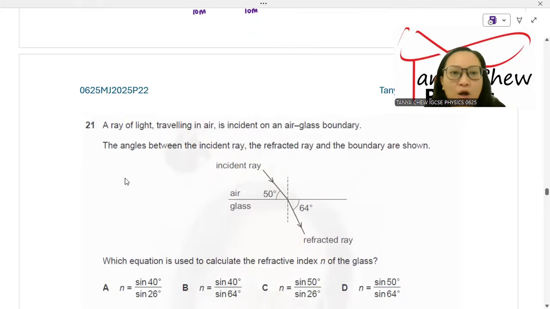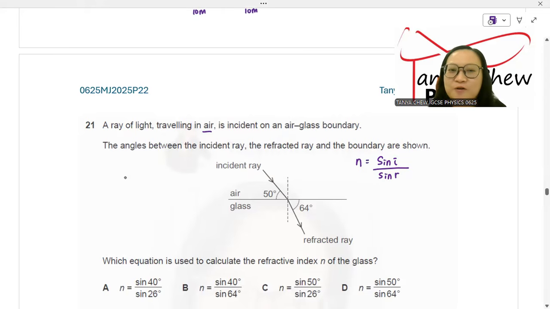Number 21, a ray of light traveling in air is incident on an air glass boundary. The angles between the incident ray, the refracted ray, and the boundary are shown. Which equation is used to calculate refractive index n of the glass? To calculate the refractive index, you have to understand that when the wave is traveling from less dense air to denser medium, which is glass, you use sin incident angle over sin refracted angle.